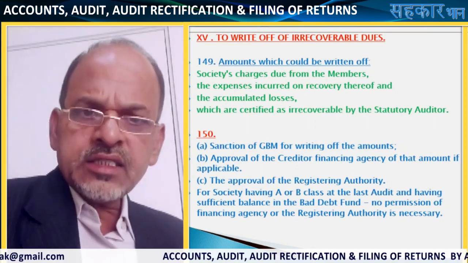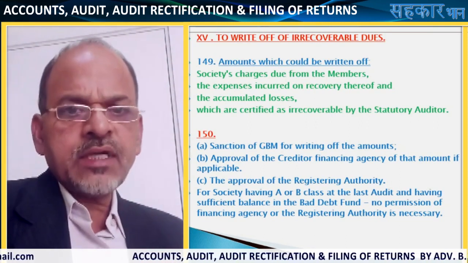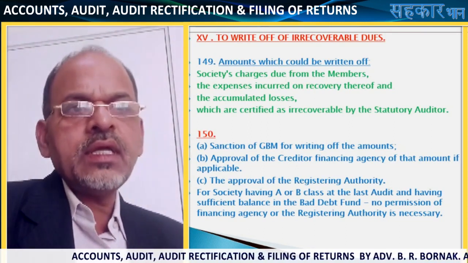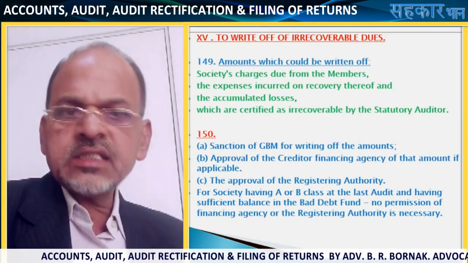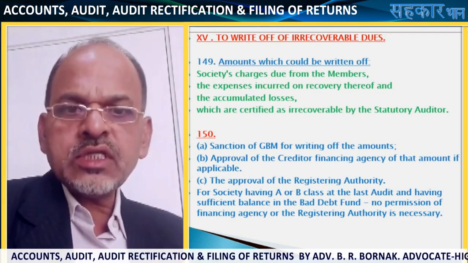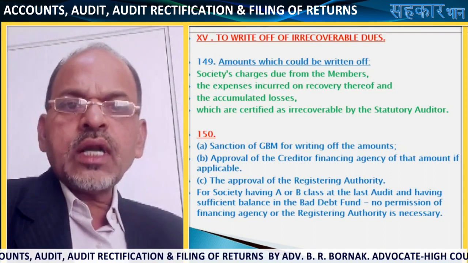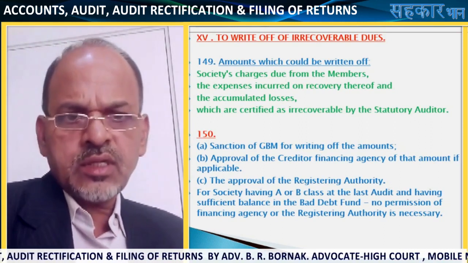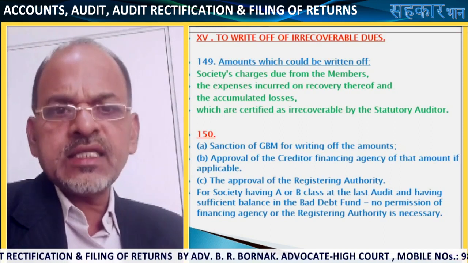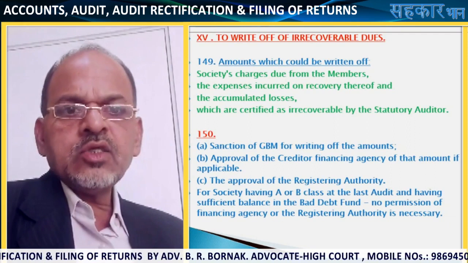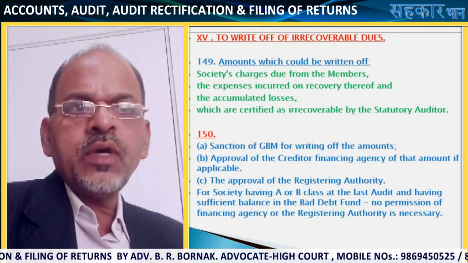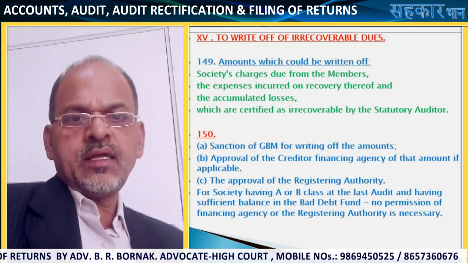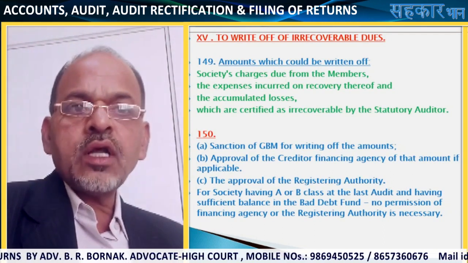Some dues prove to be irrecoverable, even though required steps have been taken as per the Act to recover those dues, but it is proved that they cannot be recovered, hence their status becomes irrecoverable dues, and it is advisable to write off these irrecoverable dues shown unnecessarily in the asset side of the balance sheet.